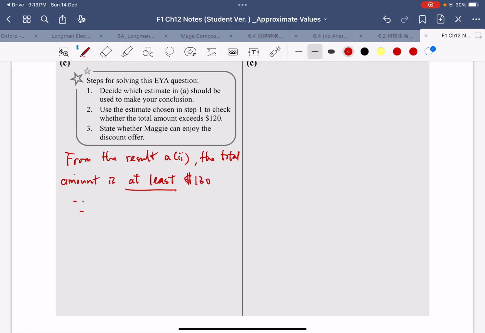And since you need to compare it, 130 is larger than 120. Therefore, Maggie can enjoy the discount offer.